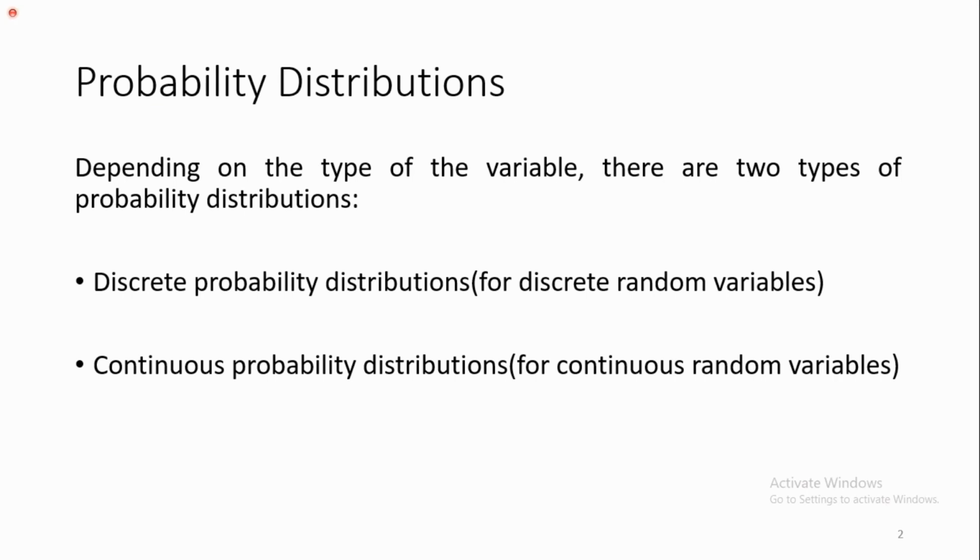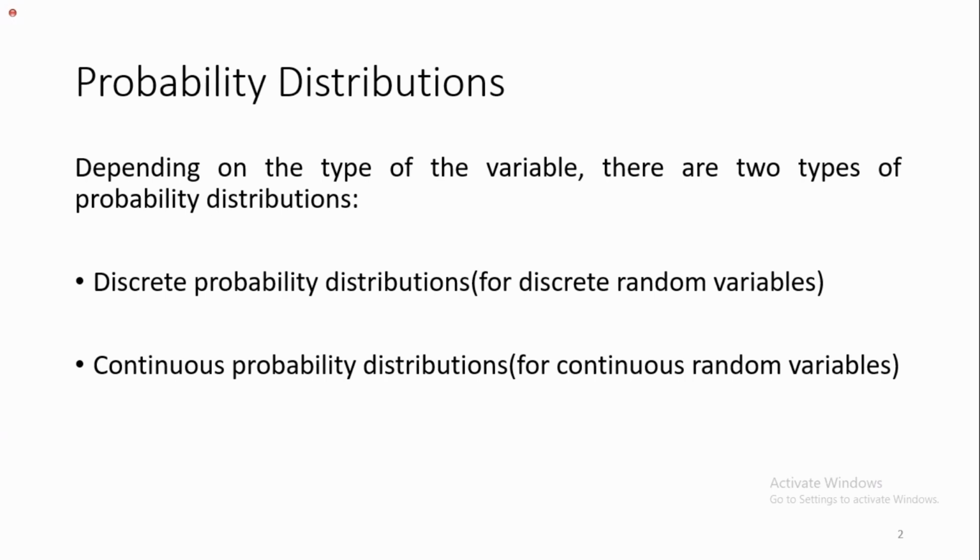Depending on the type of the variable, there are basically two types of probability distributions: discrete and continuous. It depends only on the variable.